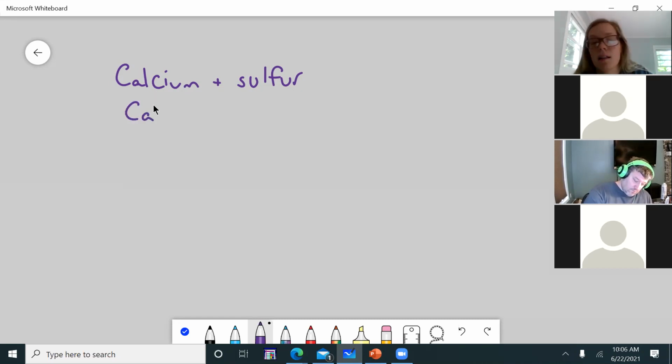Calcium is in the second column, so it always forms a 2+ charge. Sulfur is in the sixth column. This always forms a 2- charge. So flip-flop, calcium will get the 2, sulfur will get the 2 from the calcium, and then we reduce down, divide by 2 to get CaS.